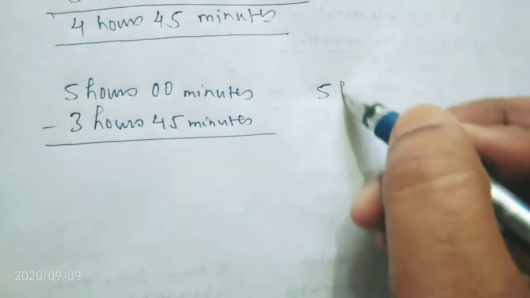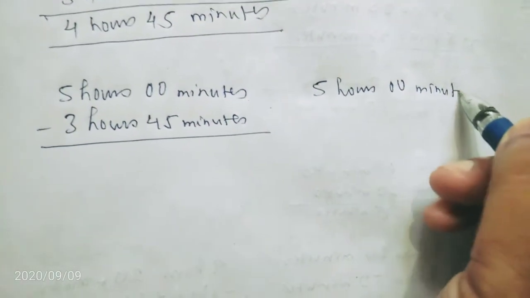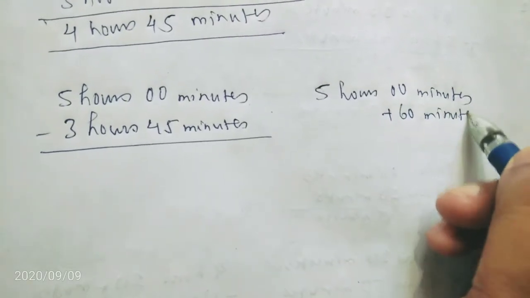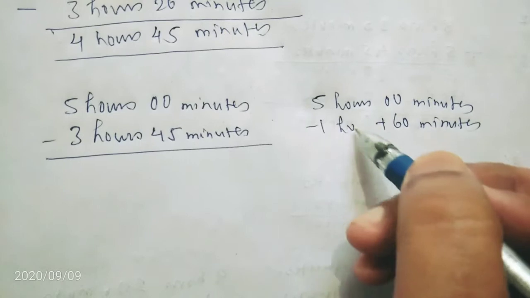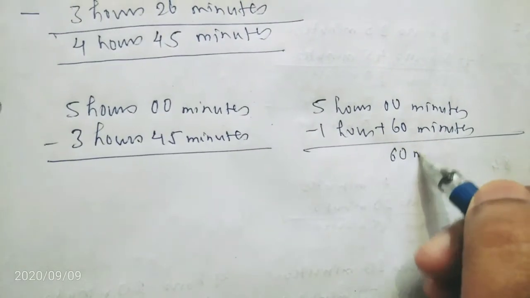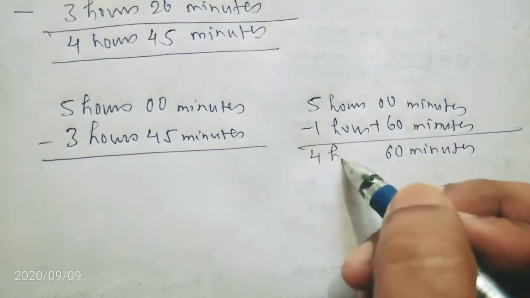So 5 hours 00 minutes, plus 60 here, and here minus 1 hour. Then it is 60 minutes, and here 4 hours.